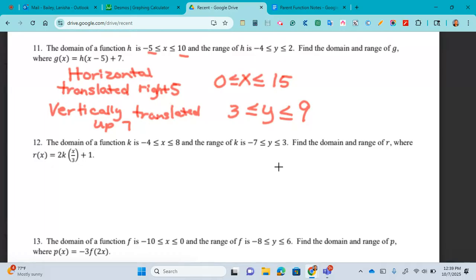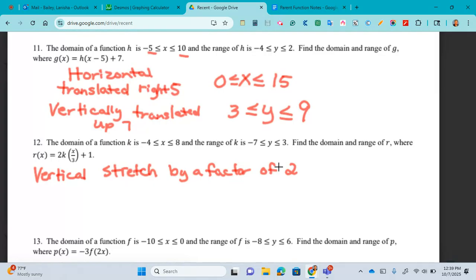My range. So that is a horizontal or vertical? Vertical stretched by a factor of 2. All right?